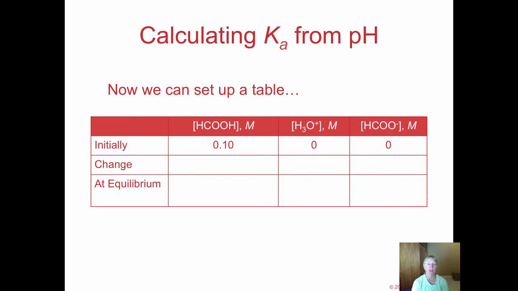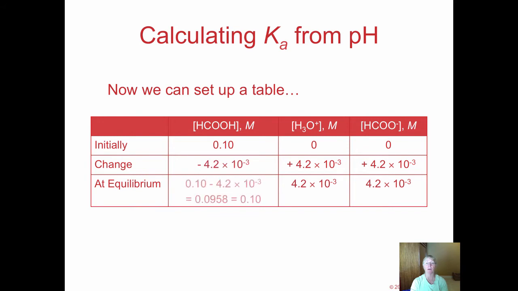So they had given us an initial concentration, but from pH, you had calculated the final concentration of hydronium and then by stoichiometry predicted the final concentration of the formate. So while this chart fills in vertically from top to bottom, I would have placed the number 4.2 times 10 to the minus 3 molar at the bottom in the columns for hydronium and for the formate ion here.